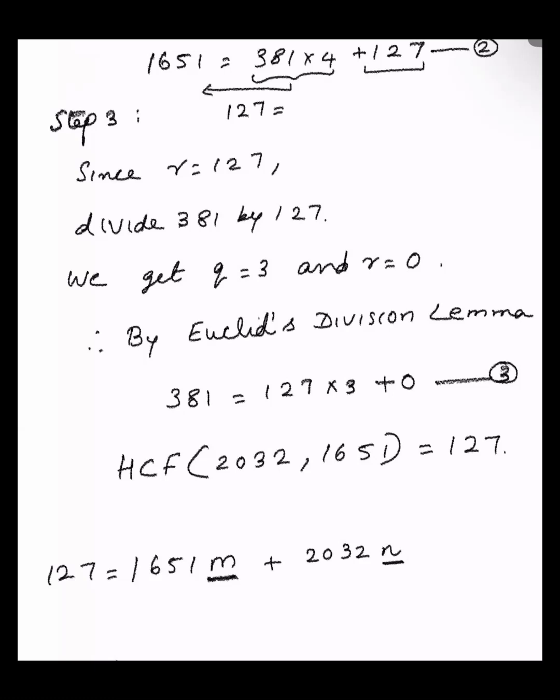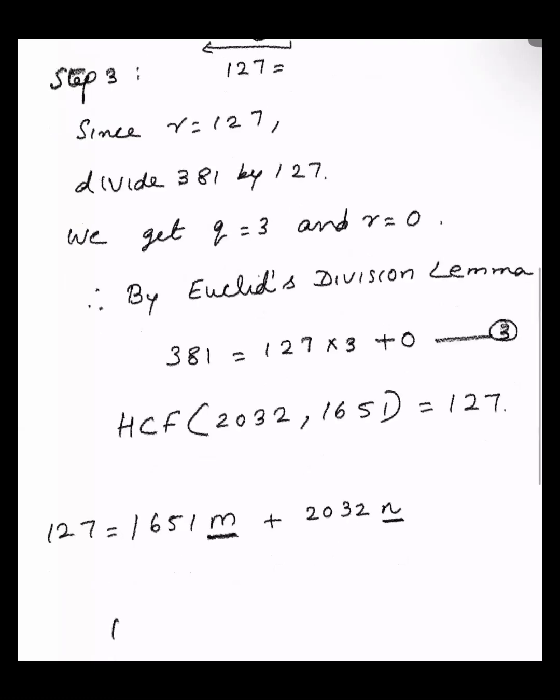So what are you getting? 127 is equal to 1651 minus 381 into 4. So this is what you get.